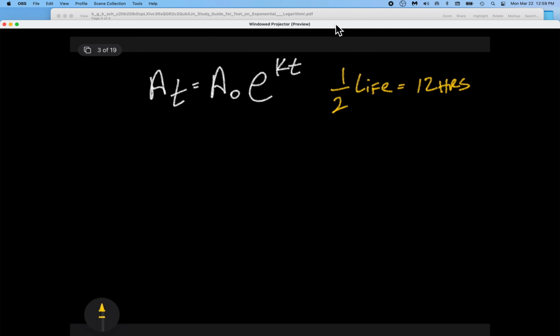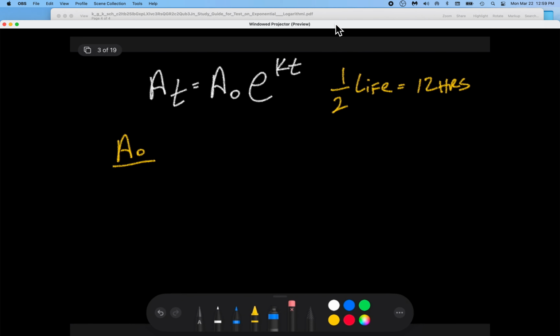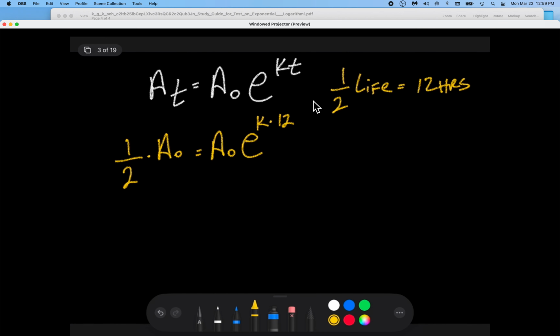They're telling you that when the amount of aspirin that you have is 1/2 the original amount, that's 1/2 of a sub 0, the time is 12 hours. So by giving you the time when this reduces to half of itself, they've given you the model equation. All you have to do is solve for k.